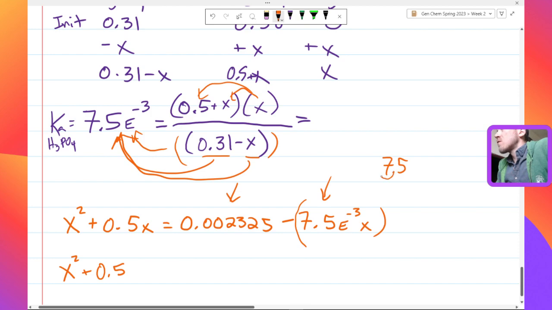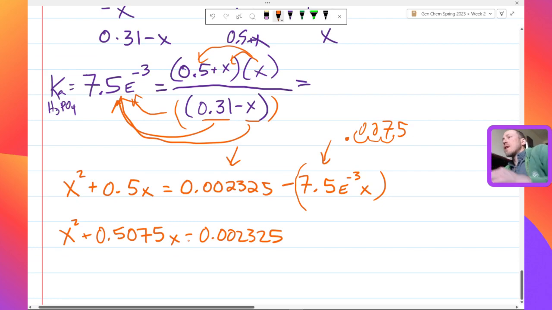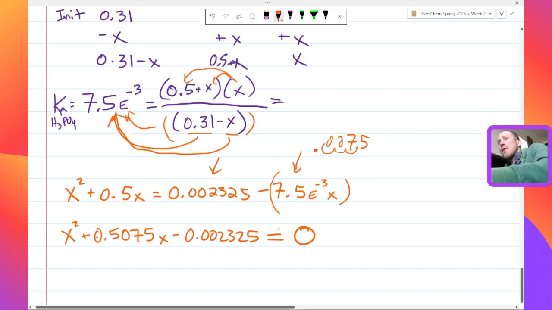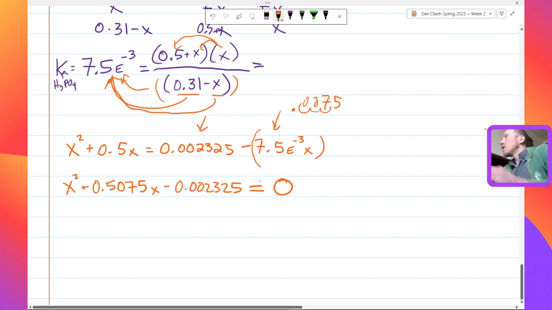7.5 times 10 to the minus third, 1, 2, 3. That's 2 zeros. So we got 0.00750x, and then minus that whole mumbo jumbo. And that whole thing is now equal to 0 because I moved everything to the same side. Quadratic equation, solve.